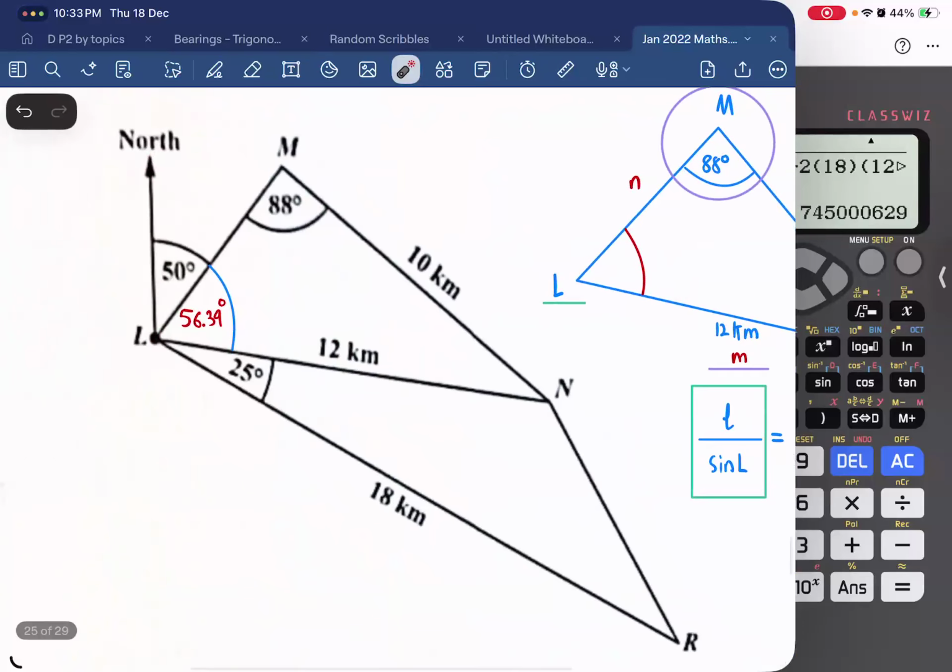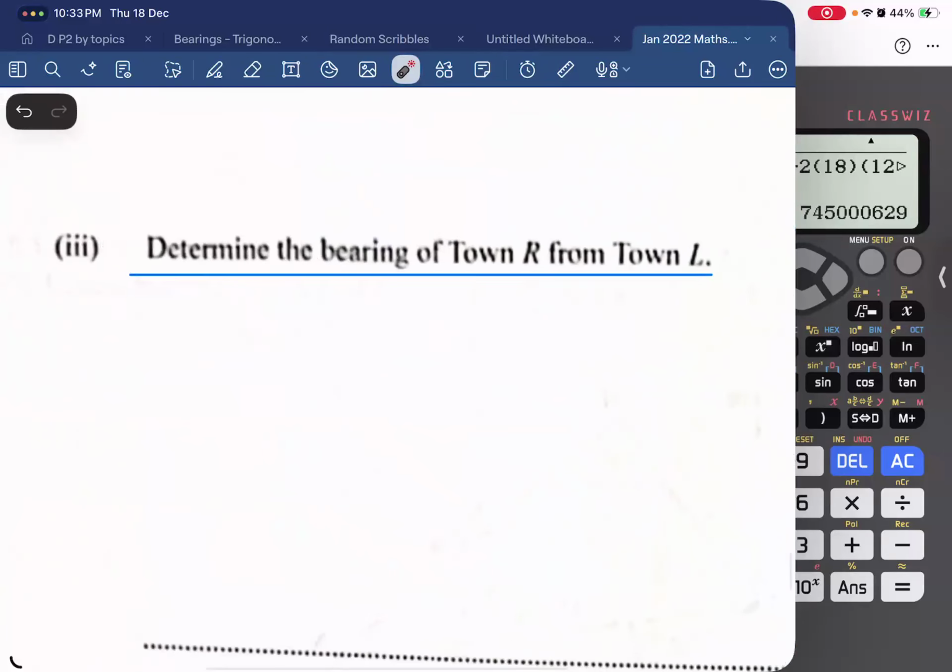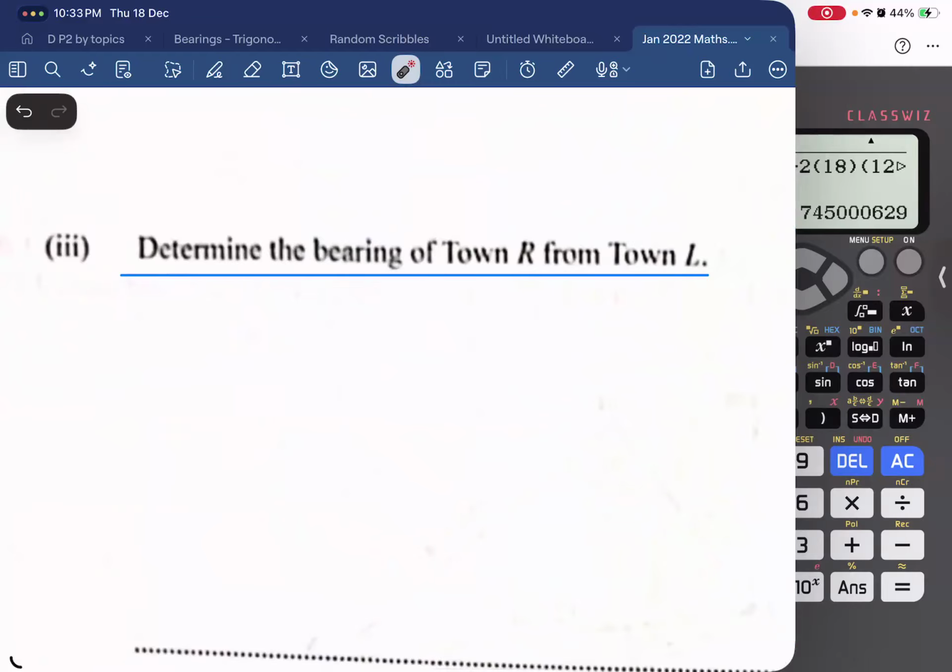And where do we want to go to, according to the question? R. They want us to figure out the bearing of town R from town L.